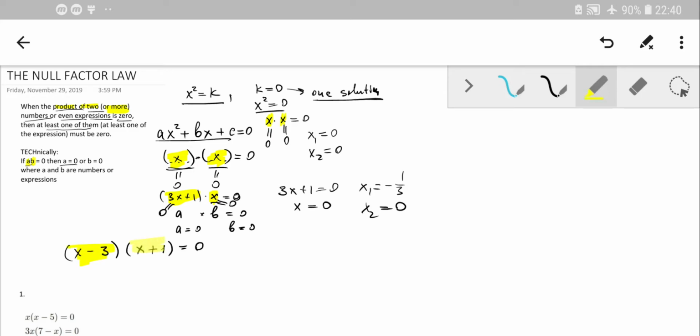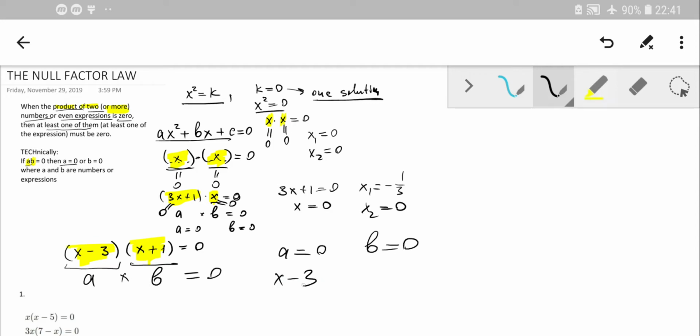Again, you just notice that according to the structure, let's say the whole first bracket is A, the second bracket is just B, and the result is 0. Using the null factor theorem, A equals 0, B equals 0, and we just set up 2 equations which we need to solve. How to solve?